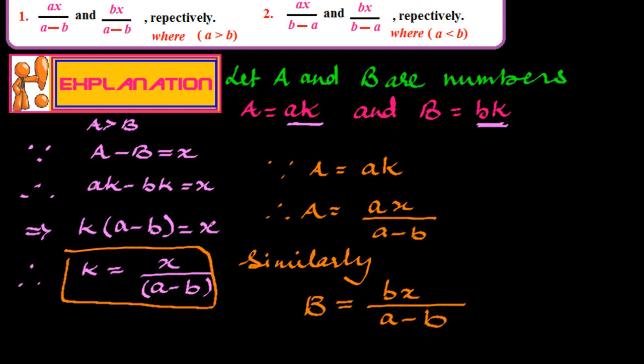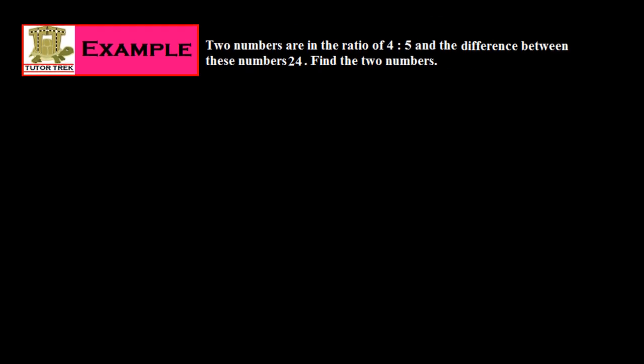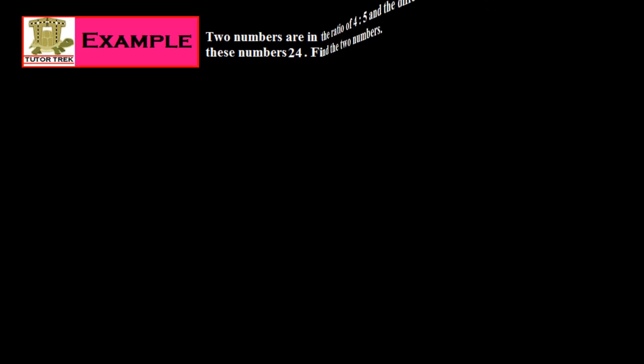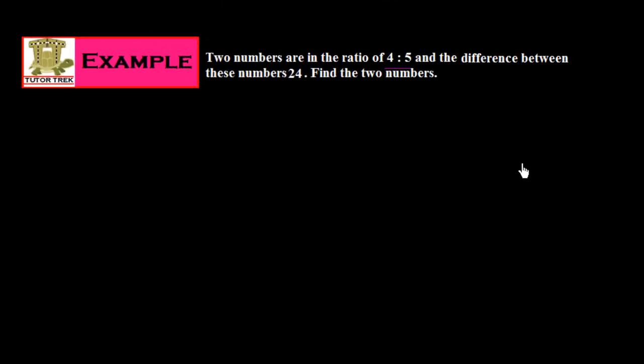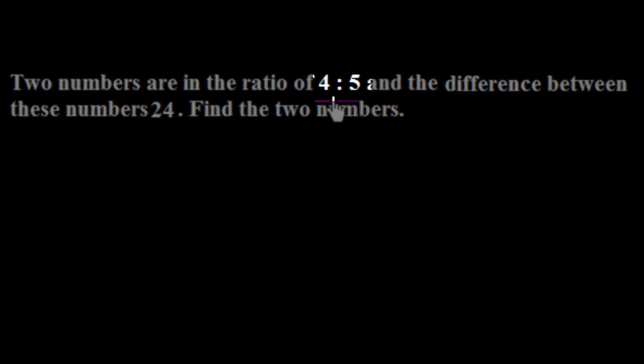Now I explain with one example. Two numbers are in the ratio 4:5 and the difference between these numbers is 24. Find the two numbers. Look here, we have the ratio 4:5, so 4 is smaller than 5.